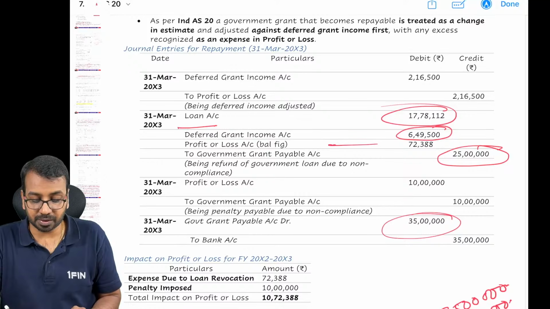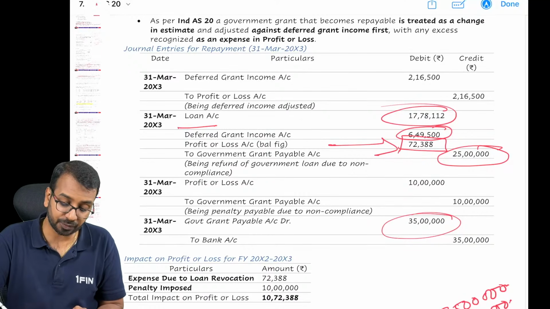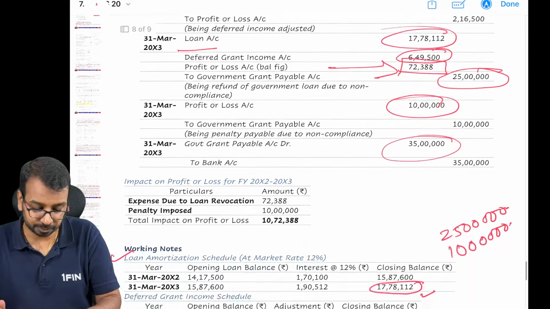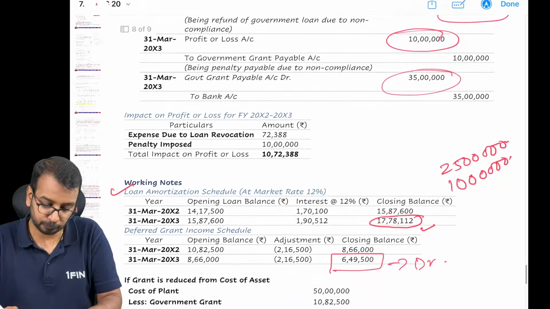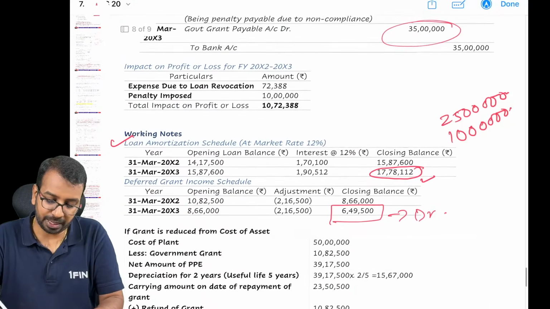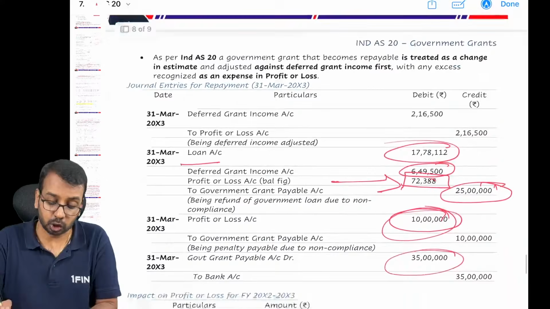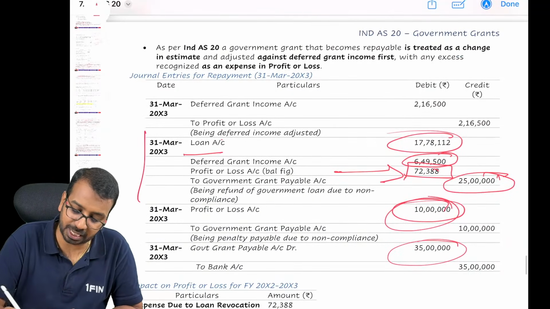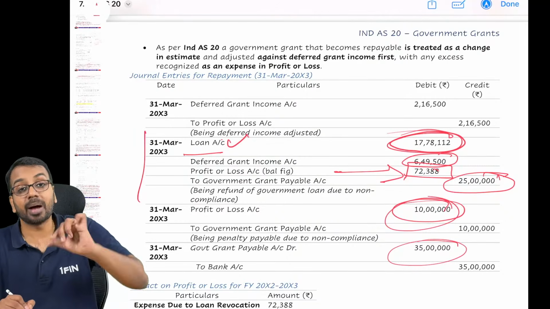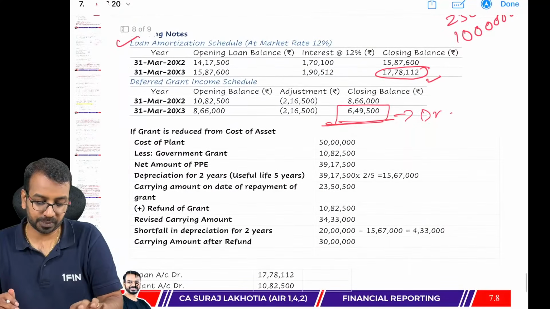The difference of 72,000 will be considered as an expense in the P&L apart from 10 lakhs of the penalty that is paid. There will be no balance in deferred grant account. That is one thing you have to keep in mind. Not only that, if you want, you can split this entry. You can say loan account is settled by paying 17,78,000 and the balance amount is like my refund of the grant. That also can be done.